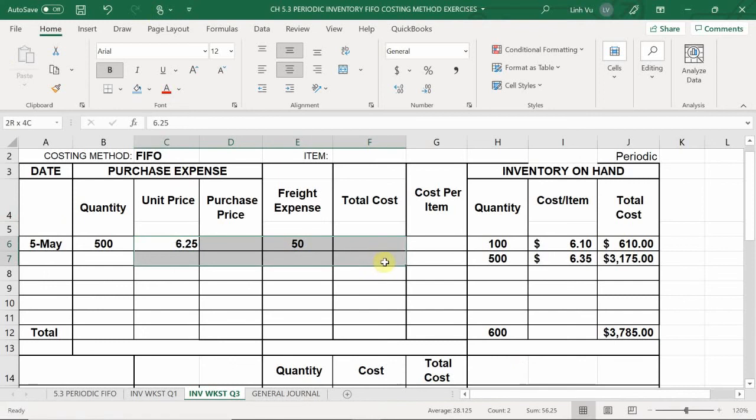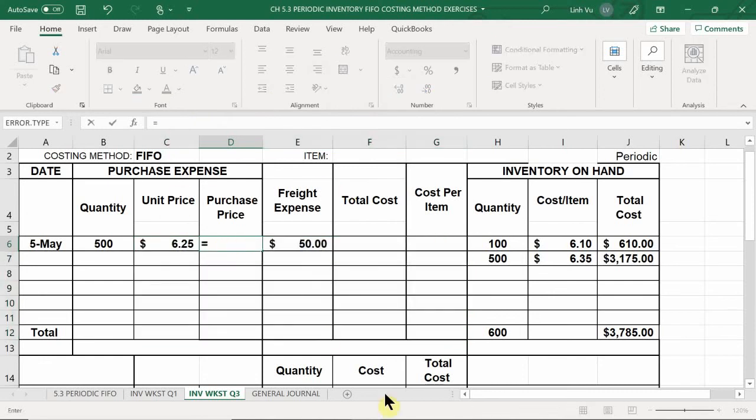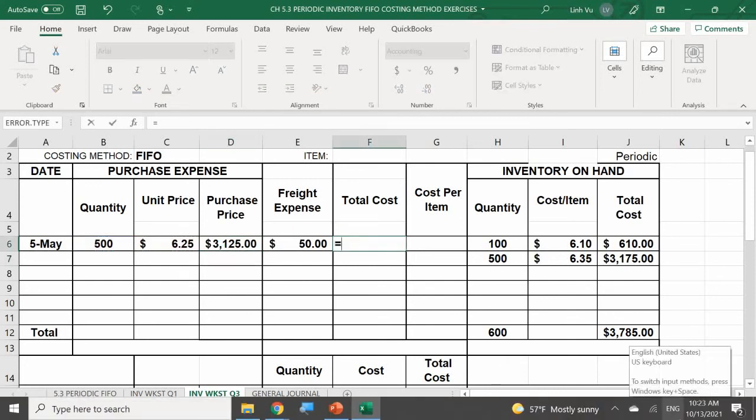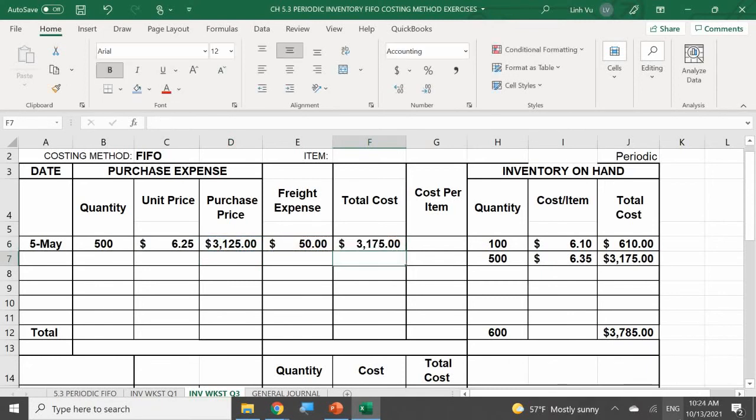So what is my total purchase price? $3,125. 3,125 plus 50 gives you my total cost of $3,175.